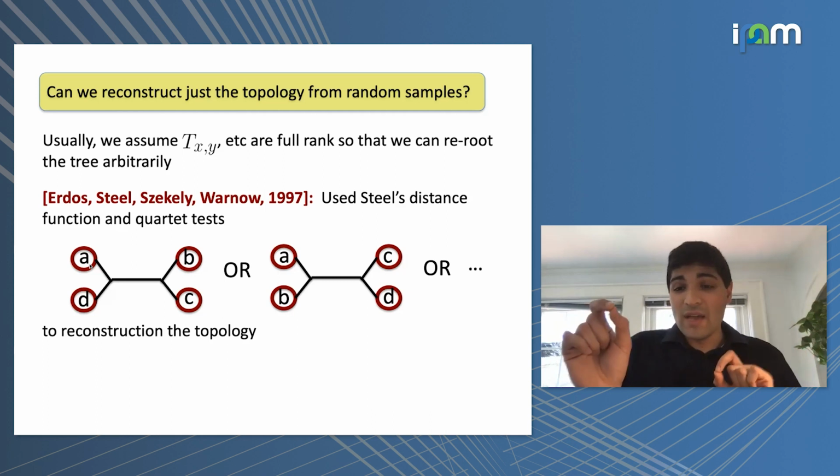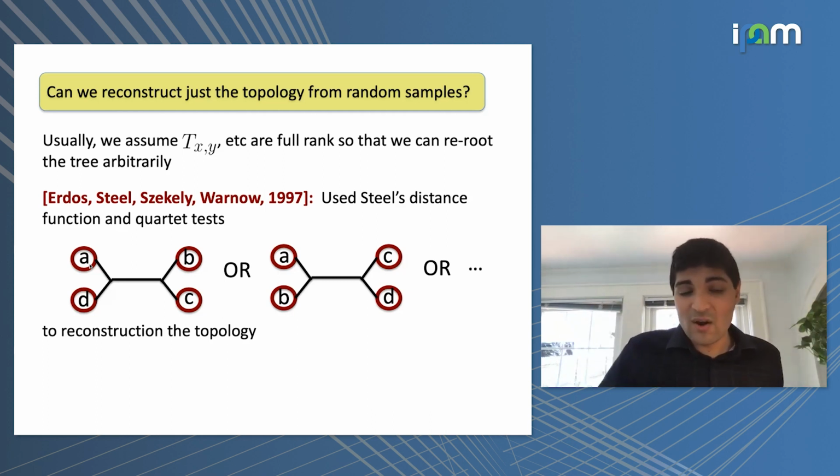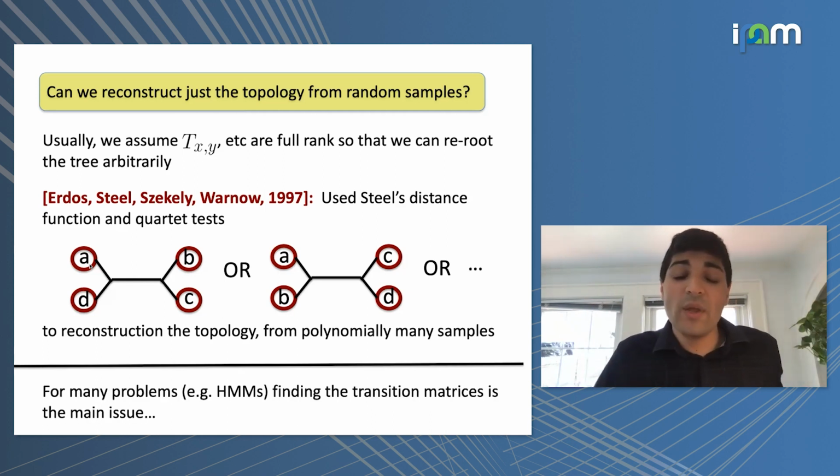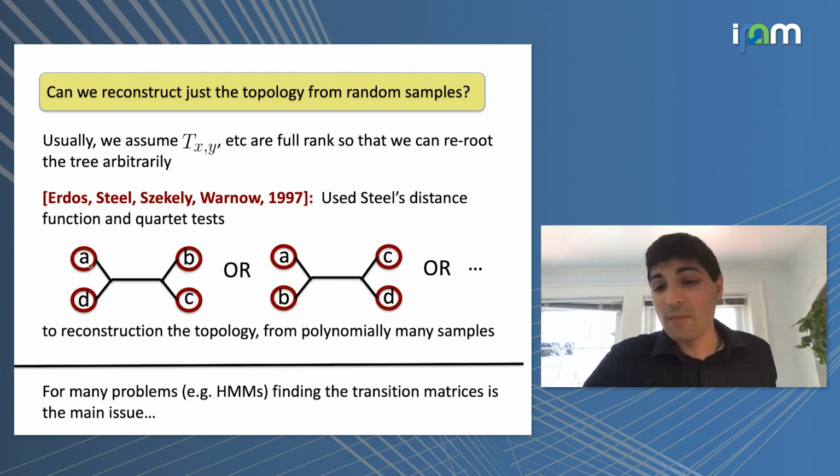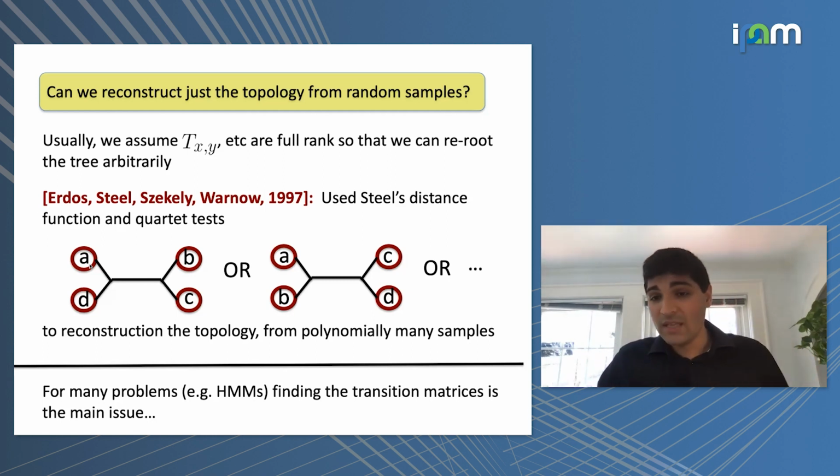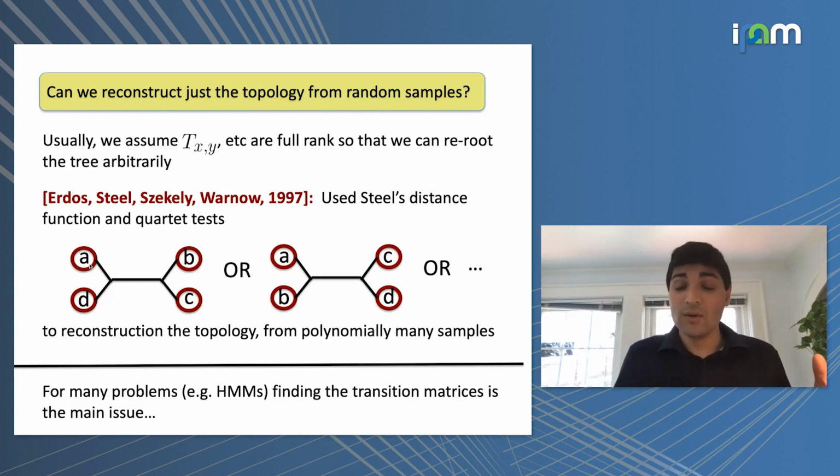So you'll see, based on where the minimum distances are and how they're organized, how to reconstruct the topology of the tree. In fact, if you do even more work, you can bound the sample complexity: how many samples you need to get good enough estimates of the distance function so that this quartet test allows you to piece together, for any four nodes, what the induced topology is, which you can then use to figure out the overall topology of the tree.